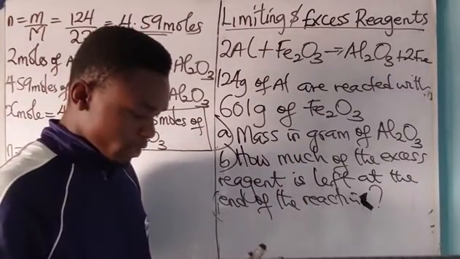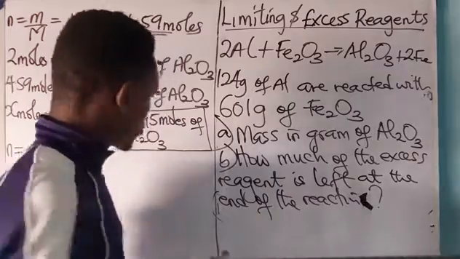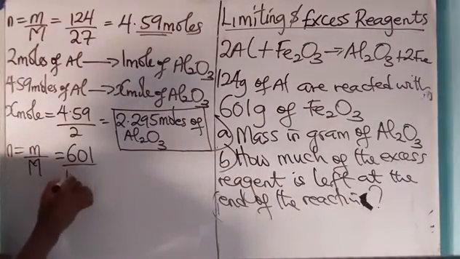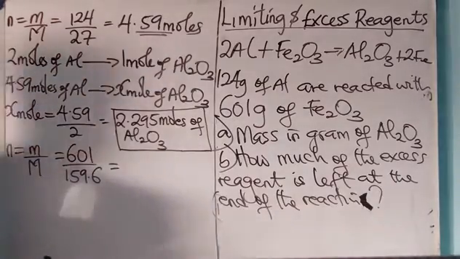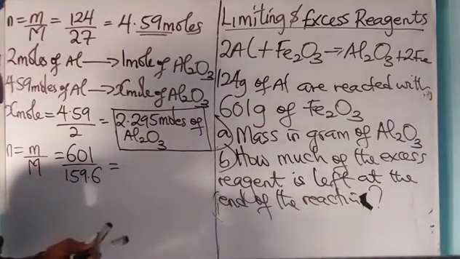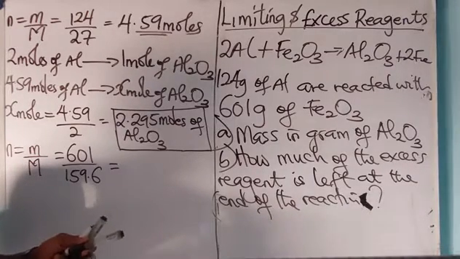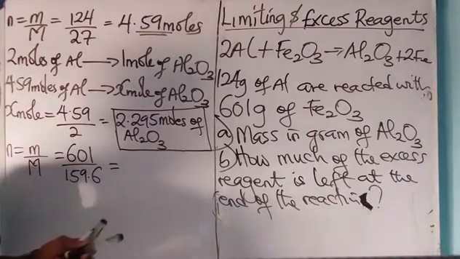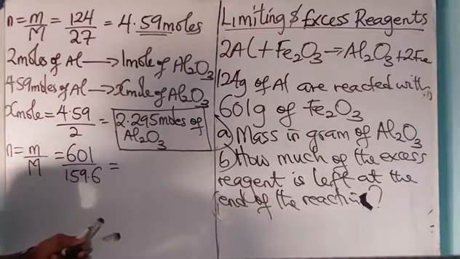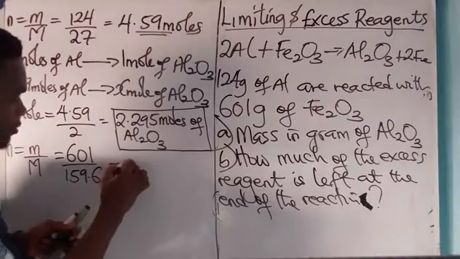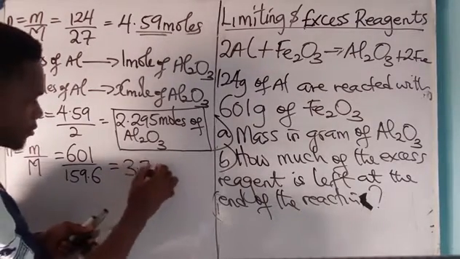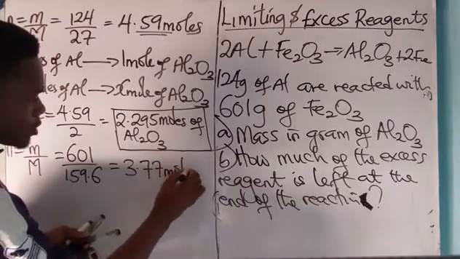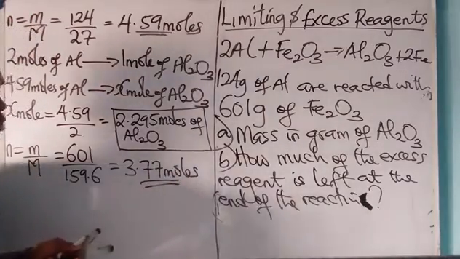So plus 48 equals 159.6. So what do we do now? 601 divided by 159.6 equals, I'll have 3.77 moles approximately.